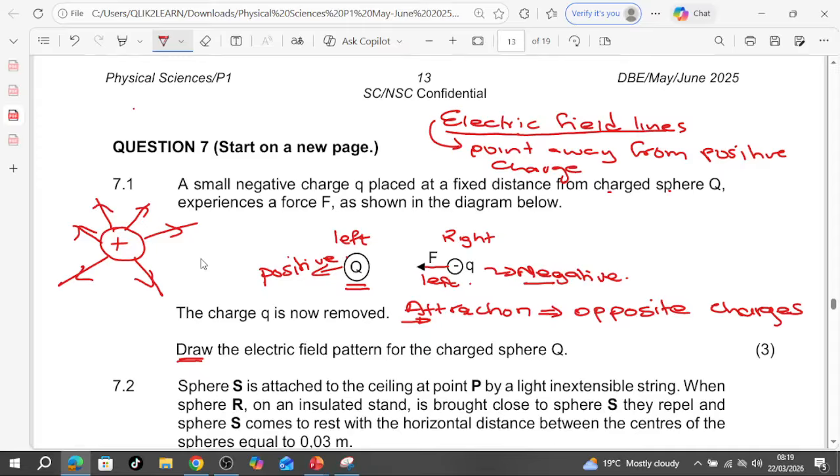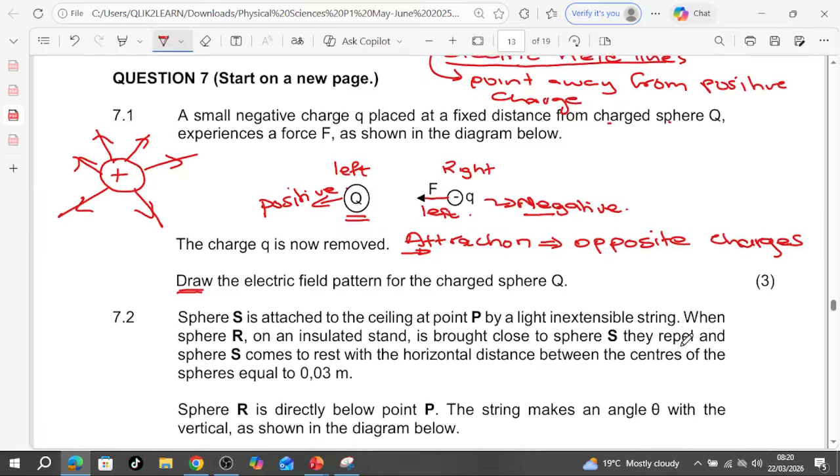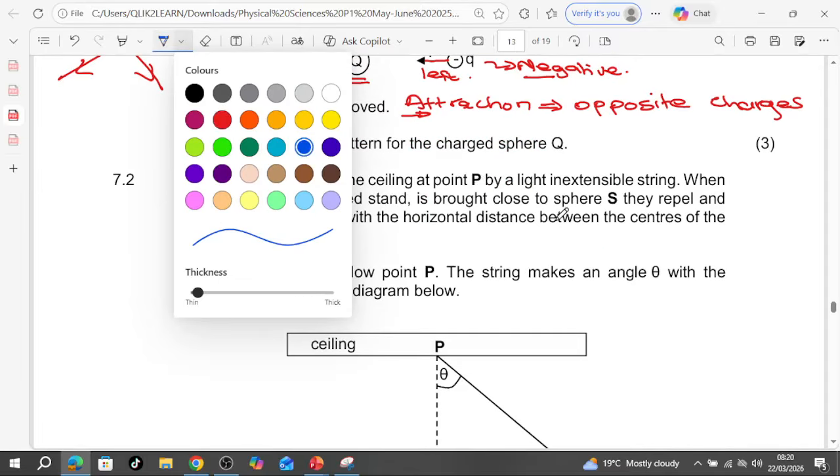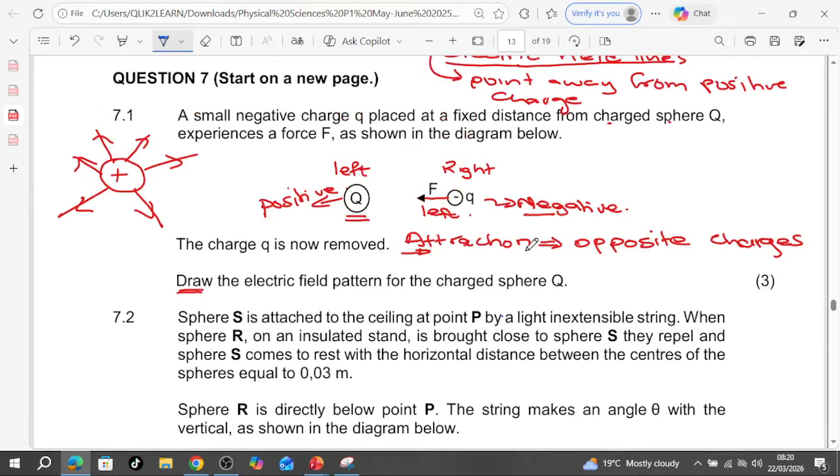The correct shape, maybe there's a mark for that. Straight lines, a mark, I don't know how they do this one, but the only thing they're interested in, I think, is the positive charge and the direction, and that's your 3 marks. Congratulations if you understand this. Now you have your 3 marks in an upcoming exam, if they ask it in this way.